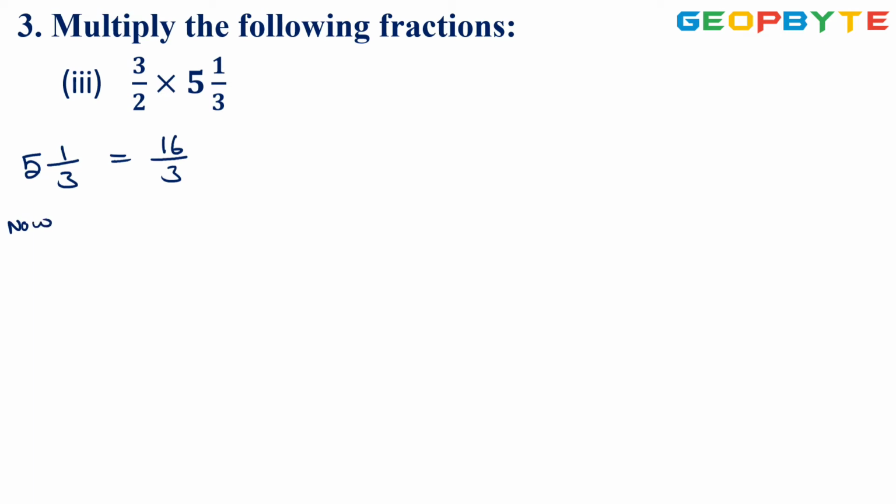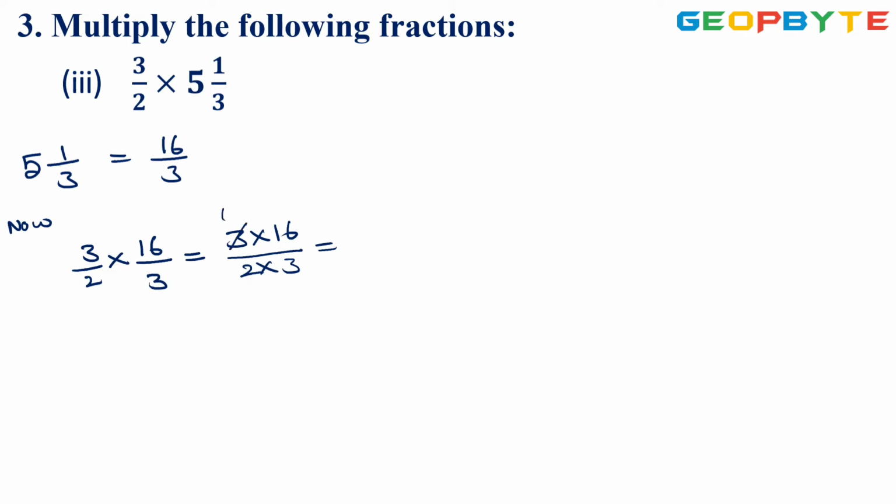Now 3 by 2 into 16 by 3. Product of fraction is equal to product of numerators. So 3 into 16 by product of denominators 2 into 3, which is equal to, here in numerator we are having 3, in denominator also we are having 3.